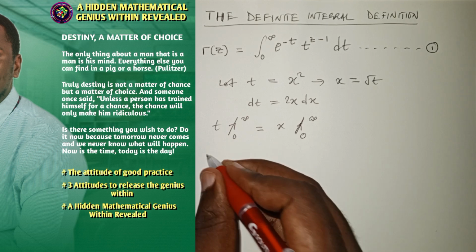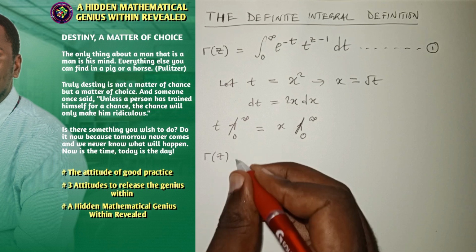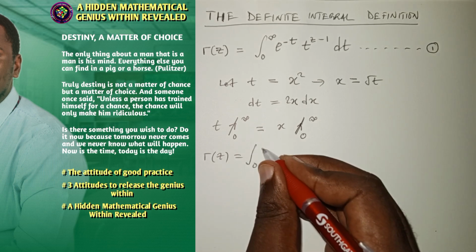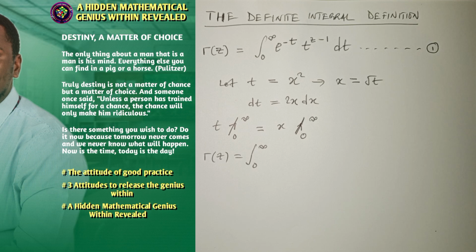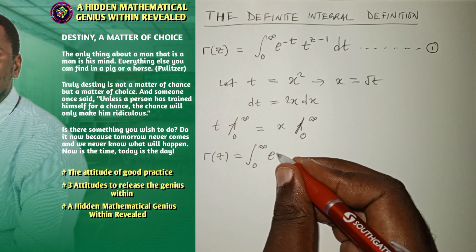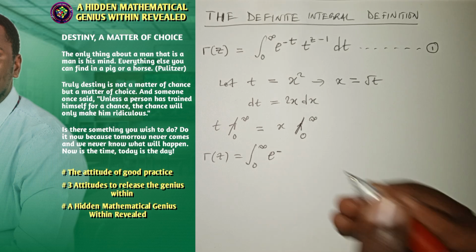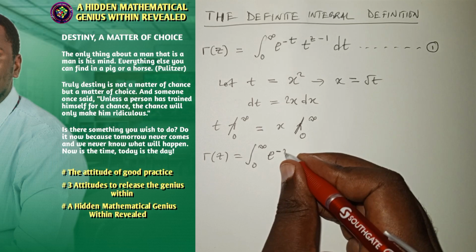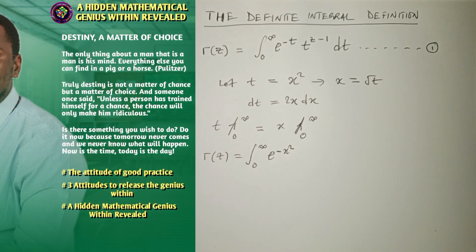Therefore gamma of z is equal to the integral from 0 to infinity of e to the minus, where there is t you put x squared, so e to the minus x squared.